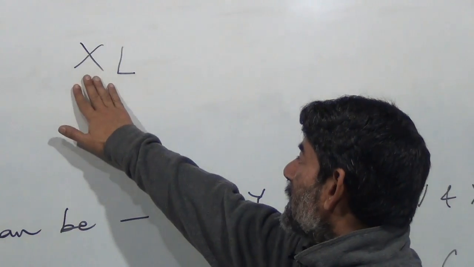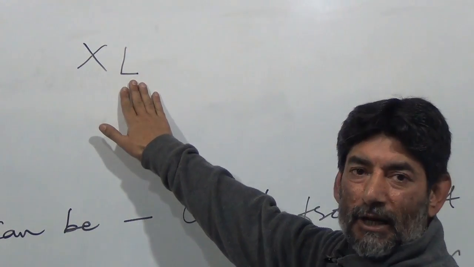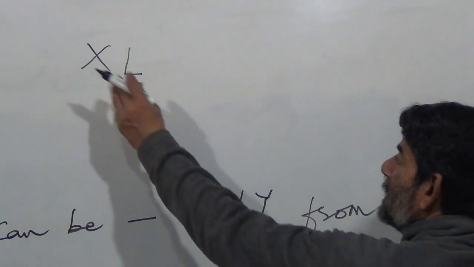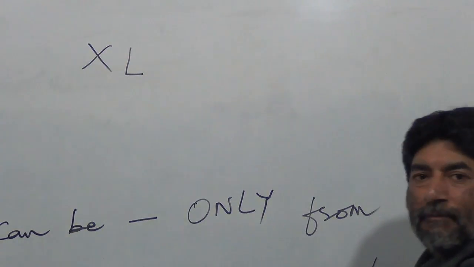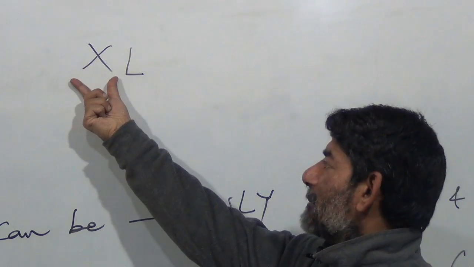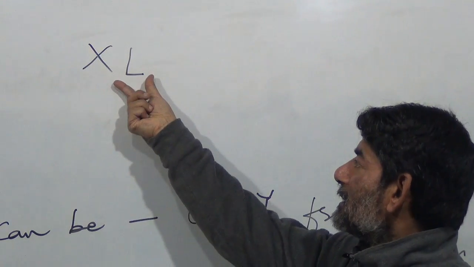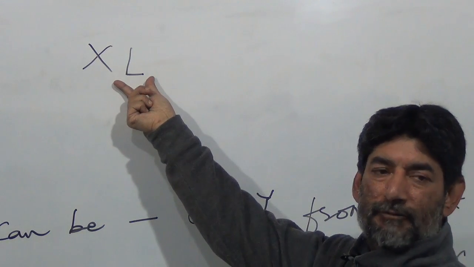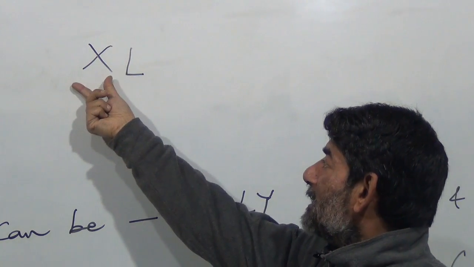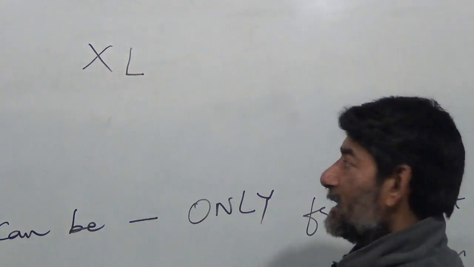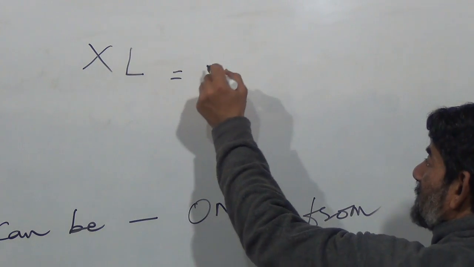When a smaller number is written before the larger number, it means subtraction. This symbol represents 10. This symbol represents 50. The 10 comes before the 50, which means subtraction.